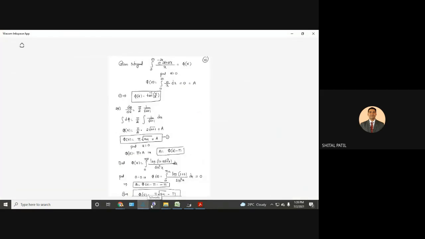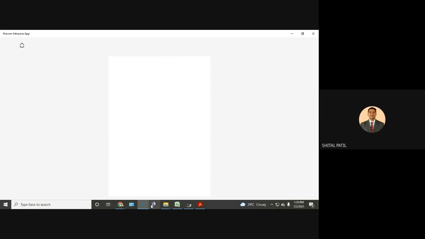Next, we'll solve few examples of beta function. Let me change the page. Hope you remember all the formulas of beta function.